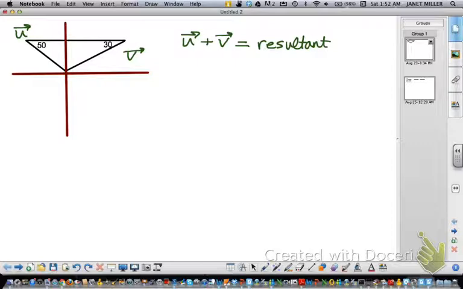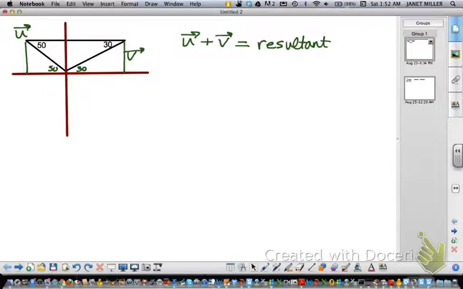Alright, so the first thing I'm going to have to do, in order to add these vectors, is add x components and add y components together. So I'm going to go back to my picture here and make myself some reference angles. I know that this angle here is 50 and this one is 30.